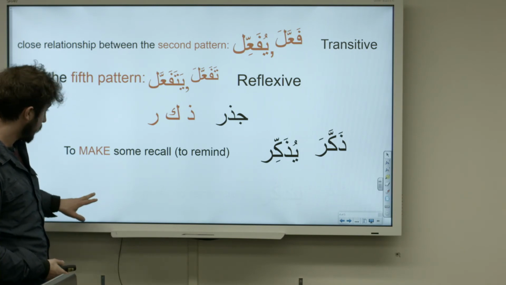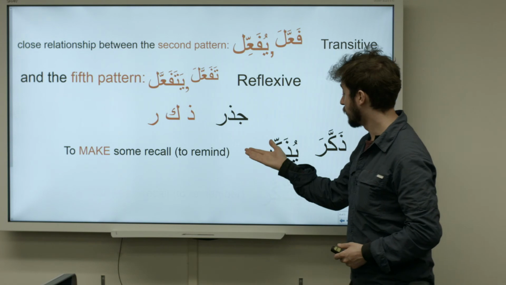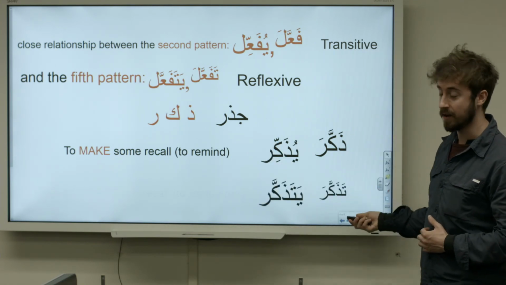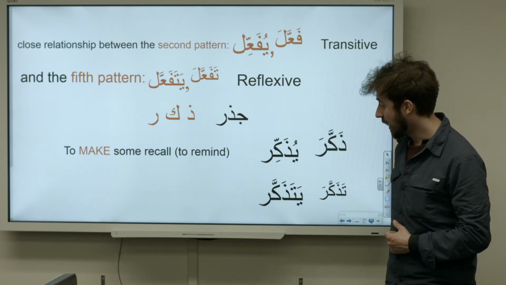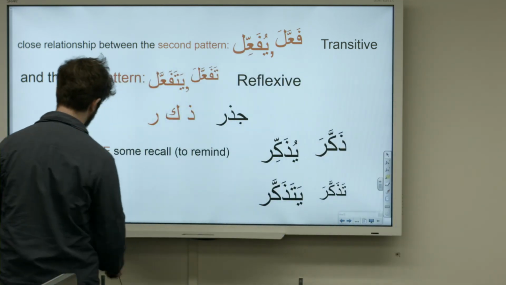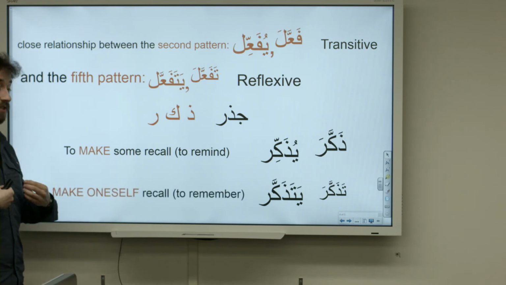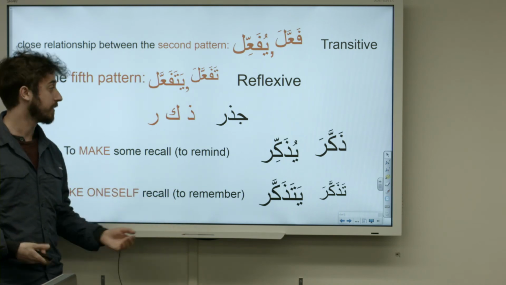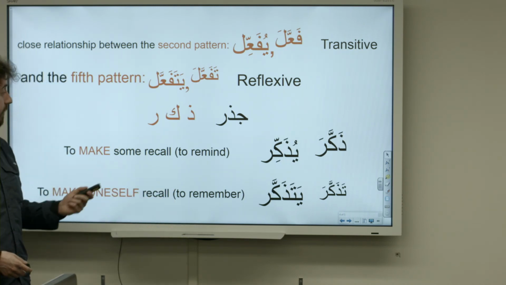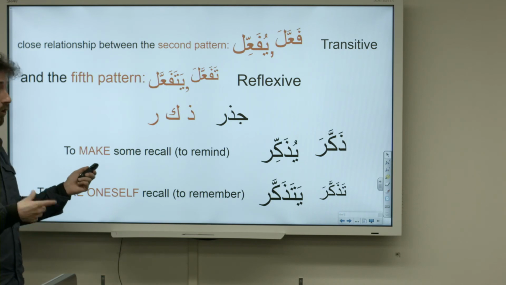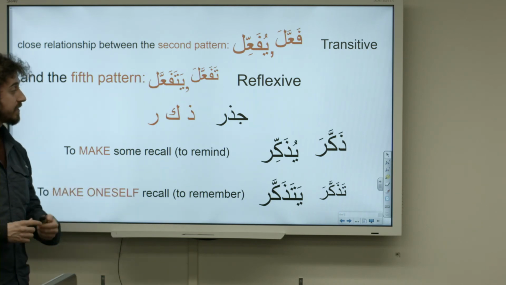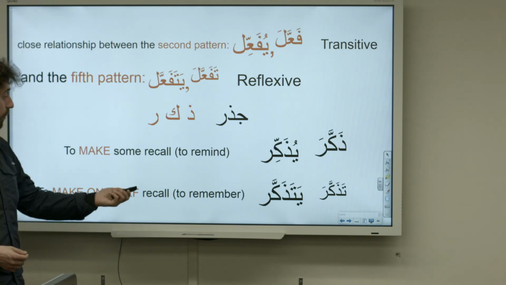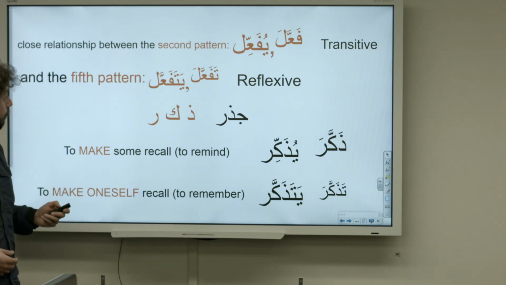If we put this same root into the fifth pattern, it becomes تذكر or يتذكر, and this is reflexive, and it means to make oneself recall something. You're doing it to yourself. In other words, to remember something. So again, ذكر يذكر, to make someone else recall something or to remind them. تذكر يتذكر, to make oneself recall or to remember something.